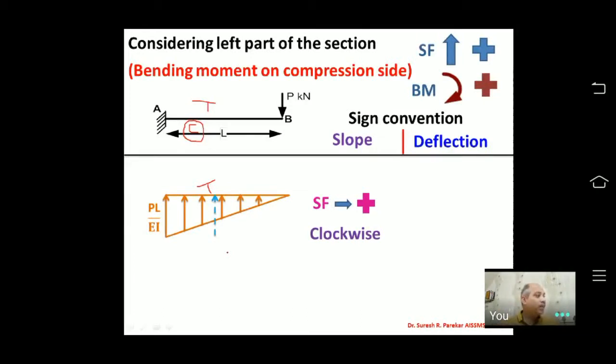And shear force if positive, then I have clockwise slope, and when I have bending moment positive, that is clockwise, then I have downward deflection. So keep this sign convention in mind; we will not go with the second, we are going to use only this sign convention. So we are with this.